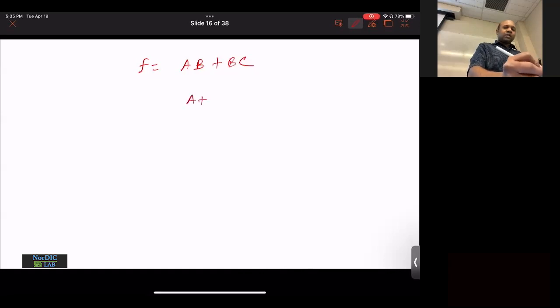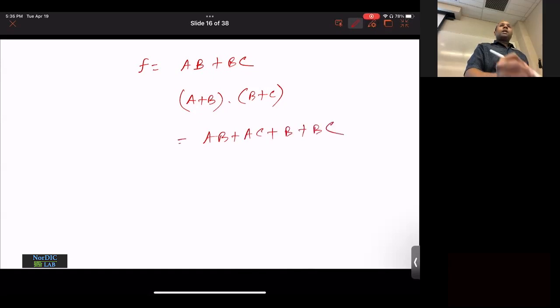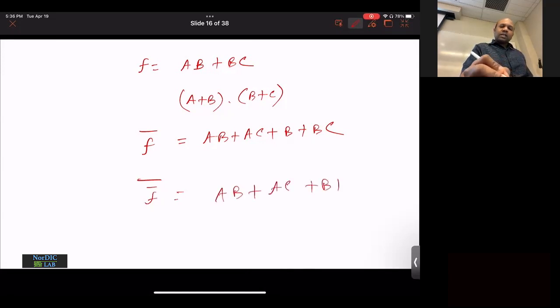If you do A plus B times B plus C, you'll get AB plus AC plus B plus BC. Now, say this is the complement of it. If you take the bar of this, you have to do AB plus AC plus B plus BC whole bar.